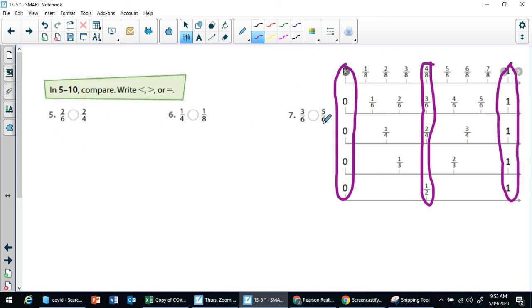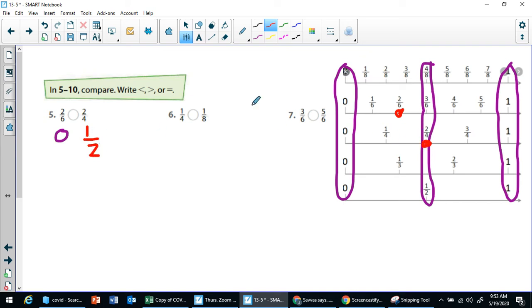So you don't even have to look over here to answer this first one. We know that 2/6 is very close to 0. Think about it. 0, 1/6, 2/6. And if you need that reminder, look, let me change colors for you. It would be right here. 2/4. I know 2 is half of 4. That is 1/2.